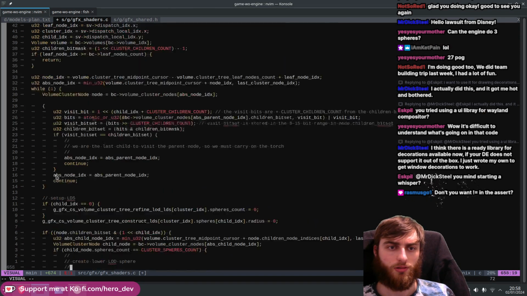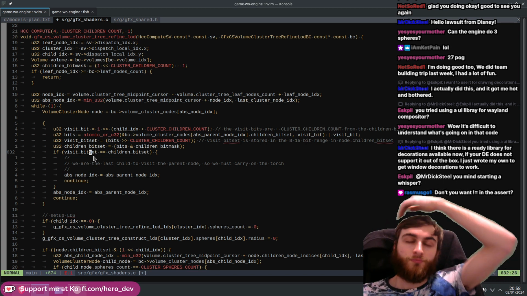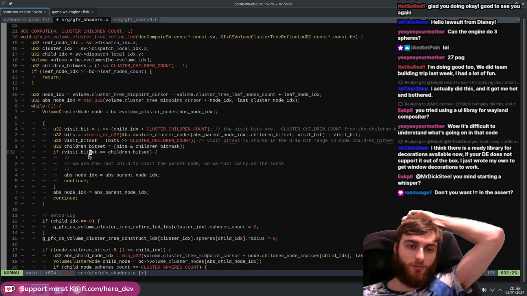All good. So this one's saying, hey, I'm visiting this node, and what we're going to say is I'm visiting this node, and only if it's completely full.